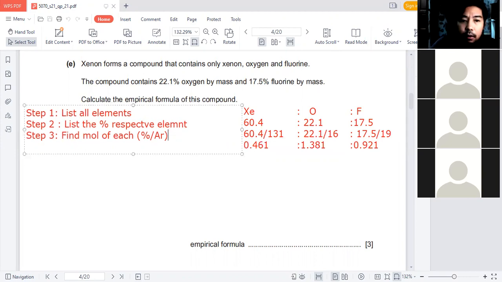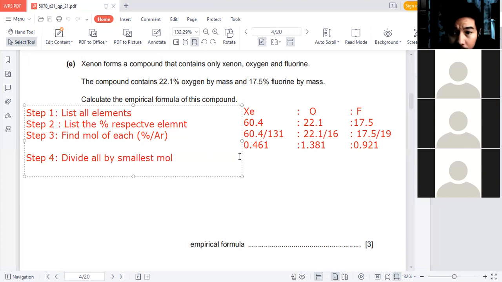Now, step number 4: divide everything by the smallest mole. The smallest would be 0.461, so this is going to be 1.